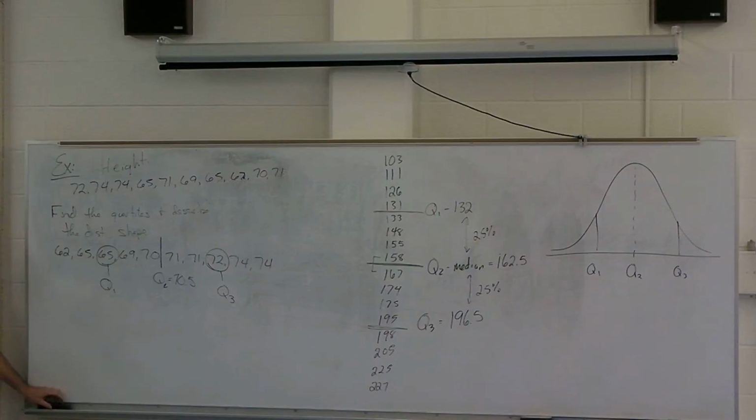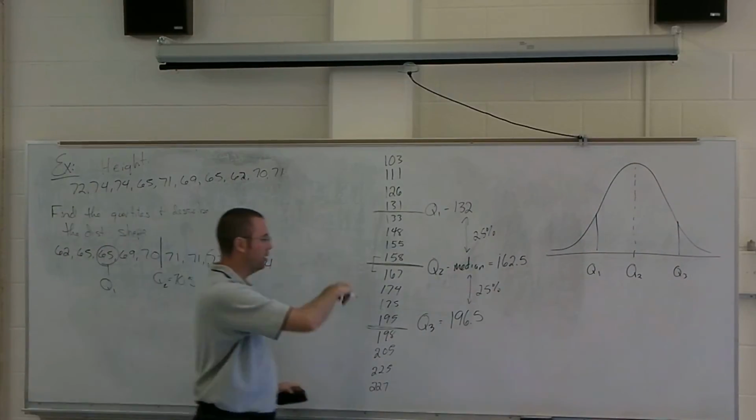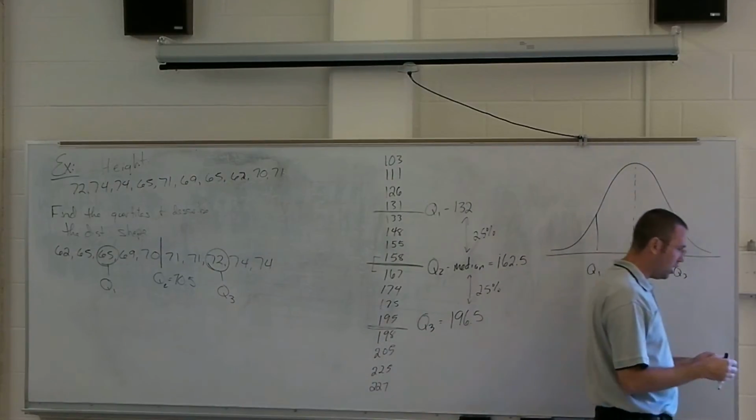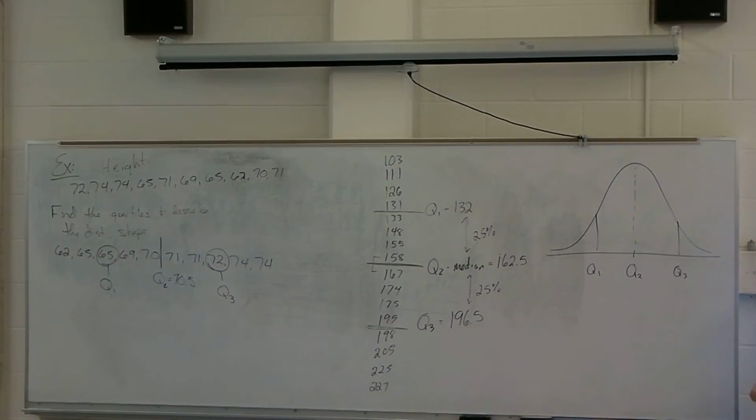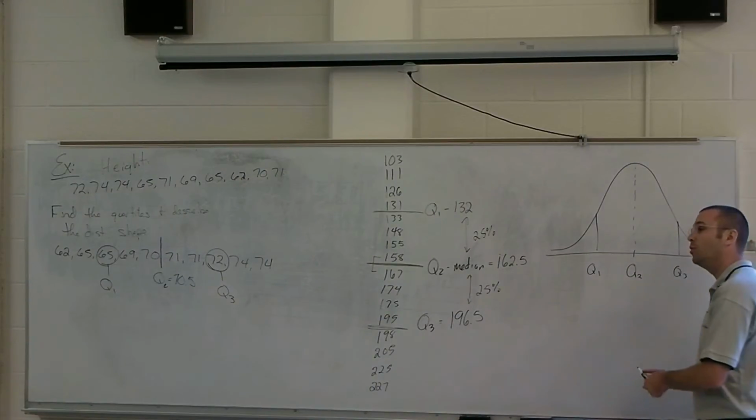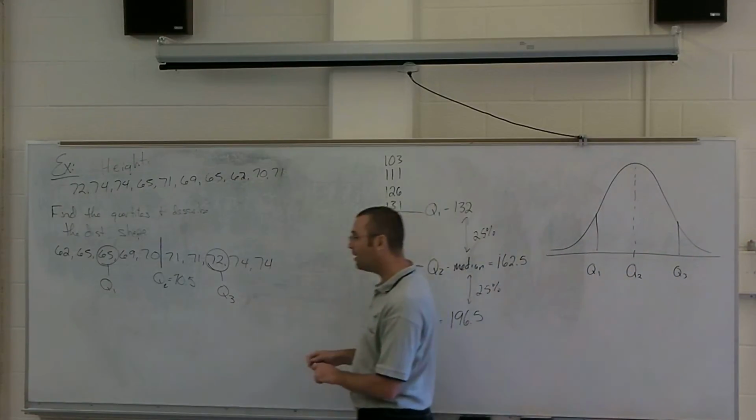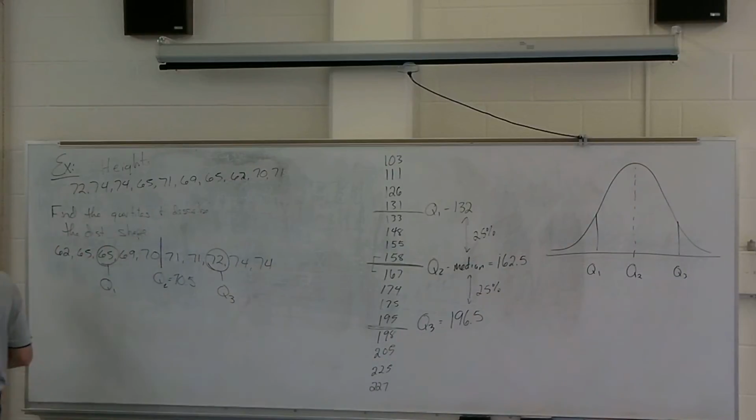All right. Now again, I want to describe the shape of the data like I did here. If I was to draw a nice picture that represents the shape, what would that picture look like? It's skewed to the left. Again, we're looking at how much data is in each of these different regions.